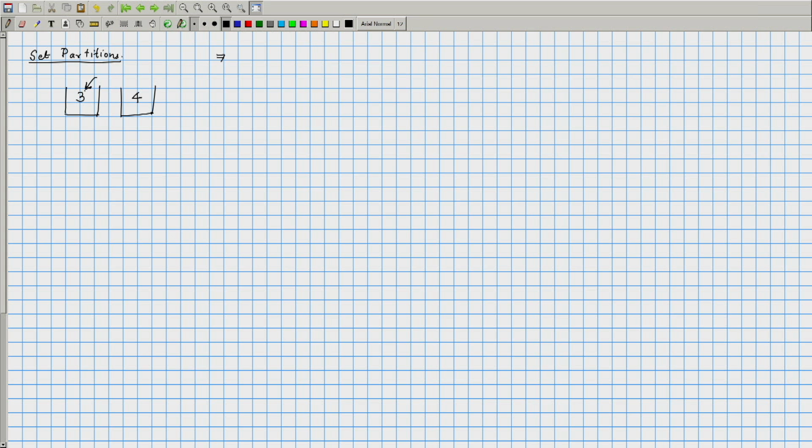Each of those choices would give a distinct arrangement, but whether this 3 that you have chosen goes in the first box or the second box does not really matter, because they look identical. So, you can think of them as identical boxes that are shuffled around after the balls have been distributed. So, how many ways are there of doing this? Again, we will have n balls and k bins.